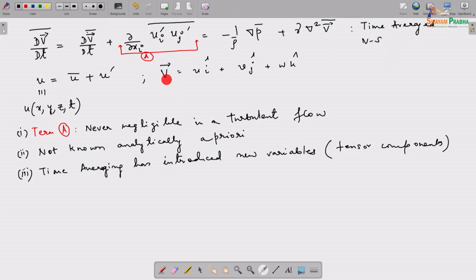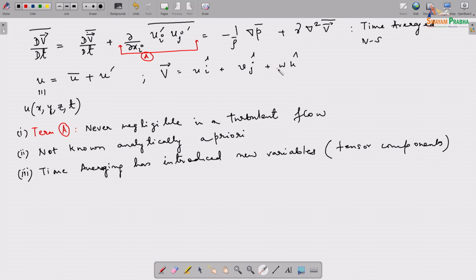And this is in our quest to understand turbulence and to quantify it, to measure it, and hence we're using the Navier-Stokes equation. So if we incorporate our definition of velocity for a turbulent flow, which is this, this velocity term will actually have u bar plus u dash, v bar plus v dash, and w bar plus w dash.